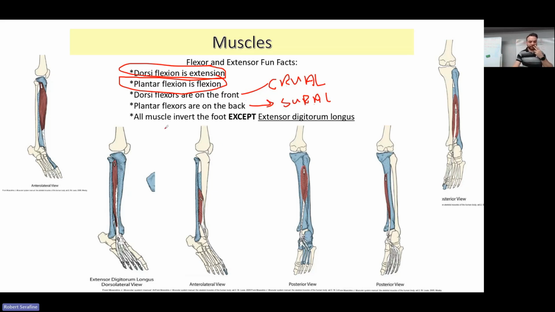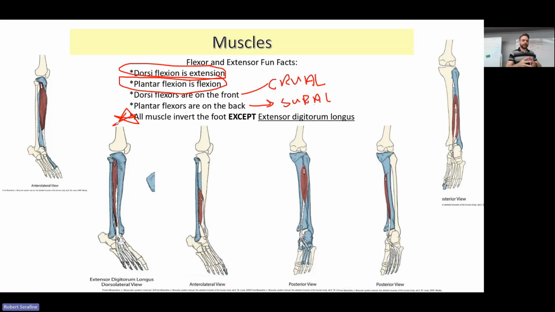And so this is the one golden rule right here that is going to separate the main super niche thing: of all of these 6 muscles, 5 of them are going to invert the foot.